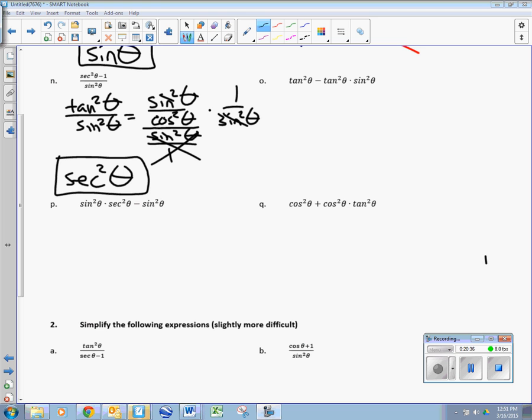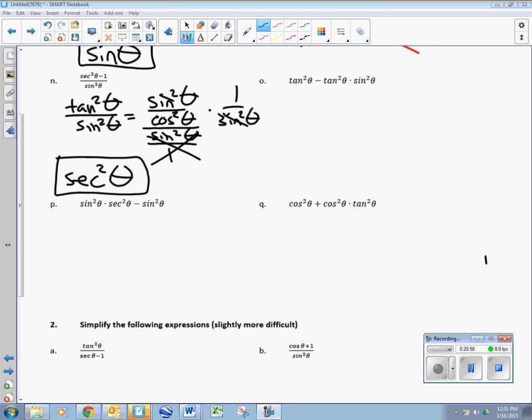Okay, boys and girls, this is one of my favorite problems to consider putting on the test because it requires three really big steps. Number one, a lot of people convert secant squared to 1 over cosine squared. Bad idea, okay? What you want to do instead is substitute tangent squared for secant squared minus 1. That's the correct step.